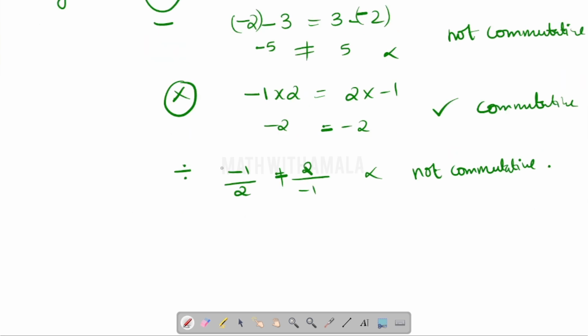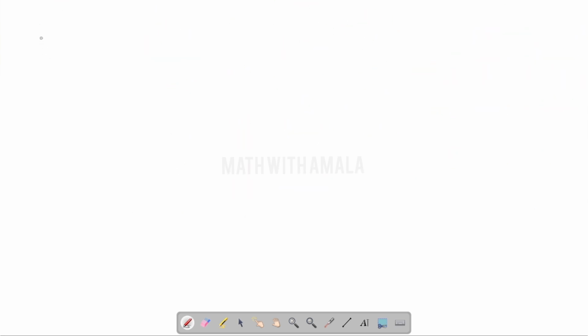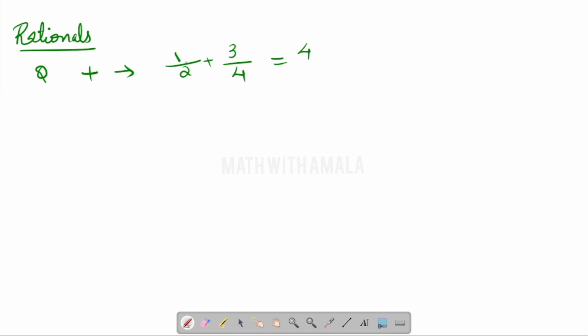Now let us check the case for rational numbers. Let's check which of the operations are commutative in the case of rationals. We are representing rationals as Q. In the case of addition, let us take two numbers: 1 by 2 plus 3 by 4, which is equal to, let's cross multiply, 1 into 4 plus 3 into 2, divided by 2 into 4.